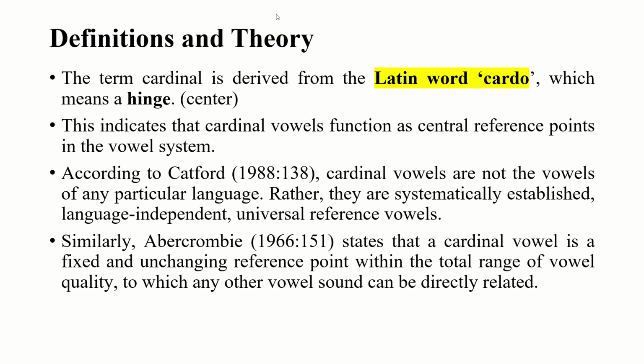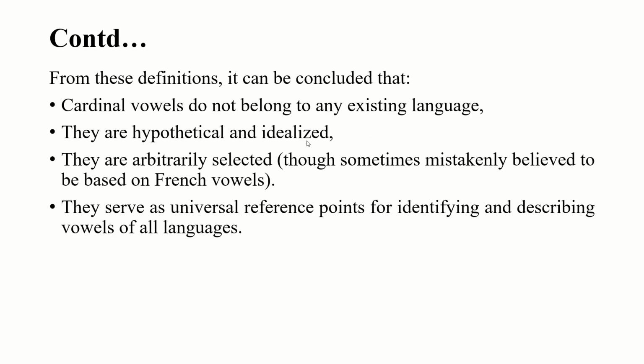These are two definitions of cardinal vowels, one of Catford, the next of Abercrombie. Based on these two definitions of two phoneticians, we can derive the following ideas about cardinal vowels.